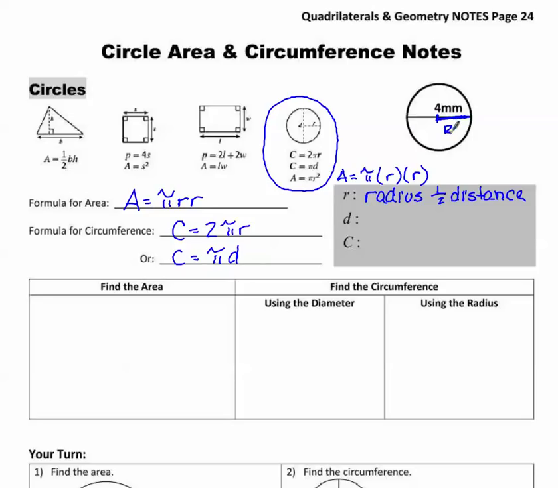So r, let me change that to a lowercase r, equals 2. So this right here is the full distance, so that would be the diameter. So d, which is the diameter, is 4. And that's the full distance across the circle.